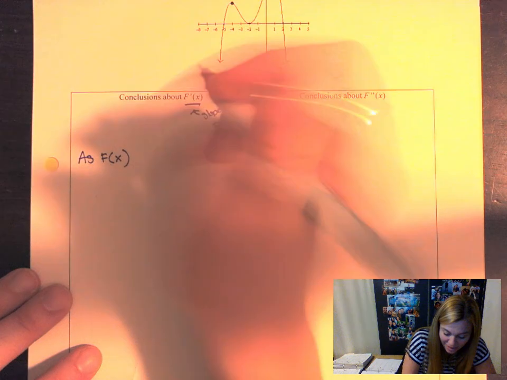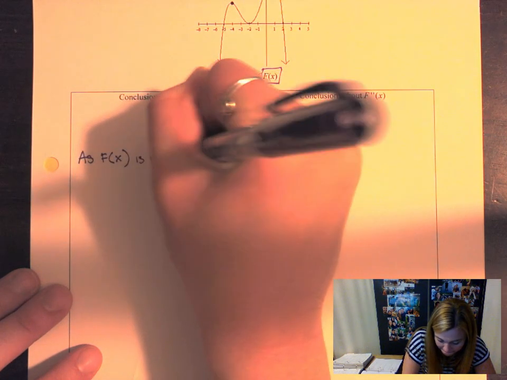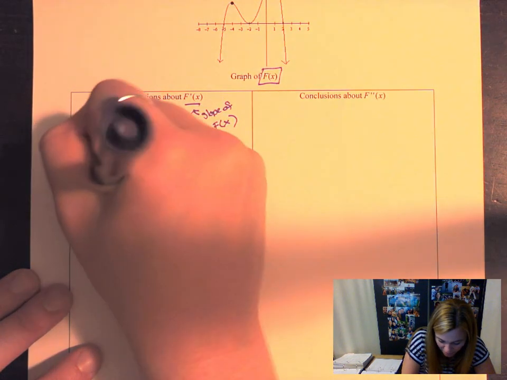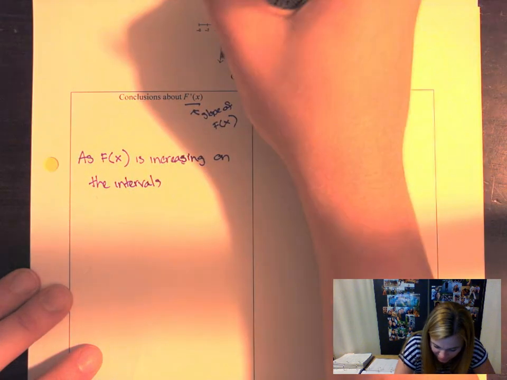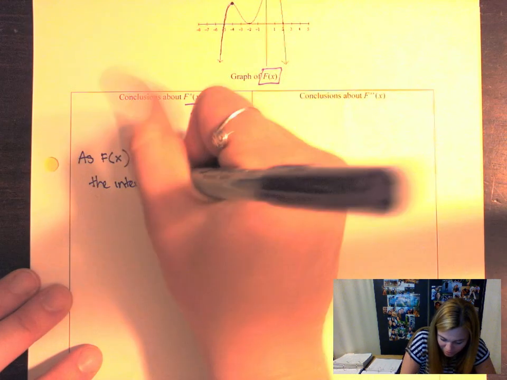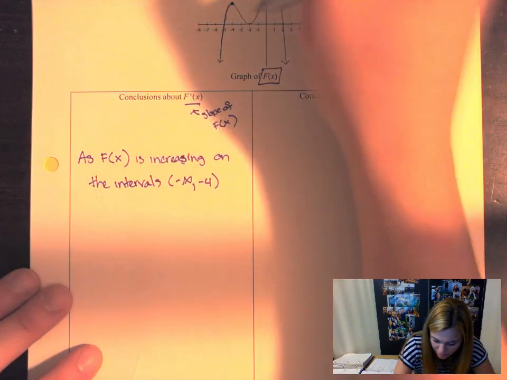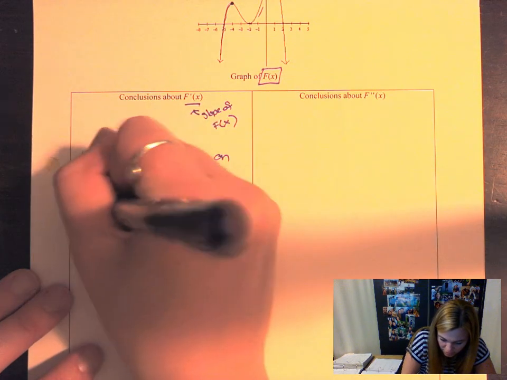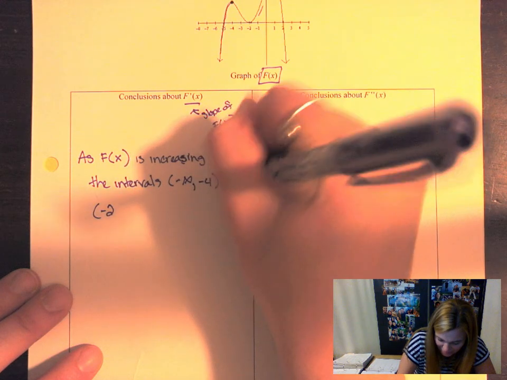I'm going to say as f of x is increasing on the intervals, and I'm just thinking, where is f of x increasing? So I can see from negative infinity to negative 4, and negative 2 to 1, and that's it actually.